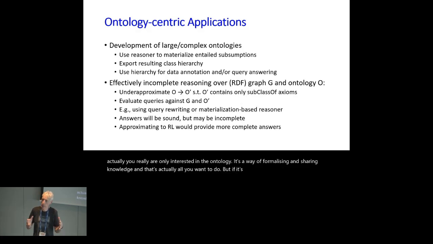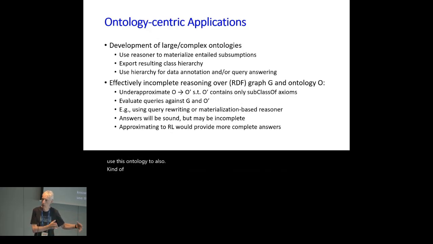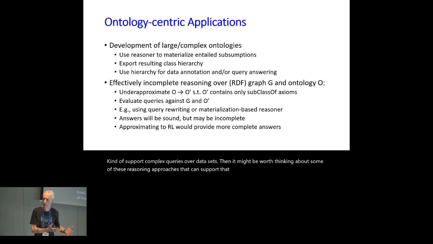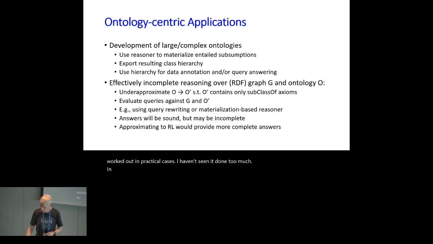But if you really want to use this ontology to also support complex queries over data sets, then it might be worth thinking about some of these reasoning approaches that can support that. Either query rewriting, if we're in a relatively weak language, or materialization, or the combined approach, if we're using a more powerful language like EL, for example. And it would be interesting to see how that worked out in practical cases. I haven't seen it done too much in this space anyway.